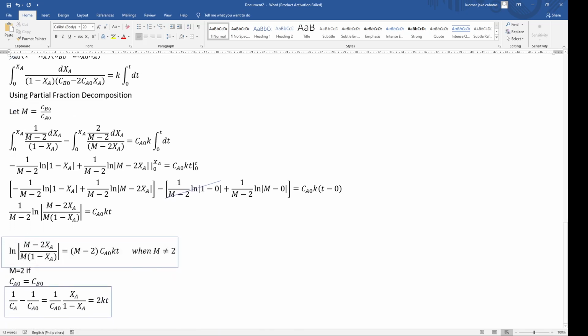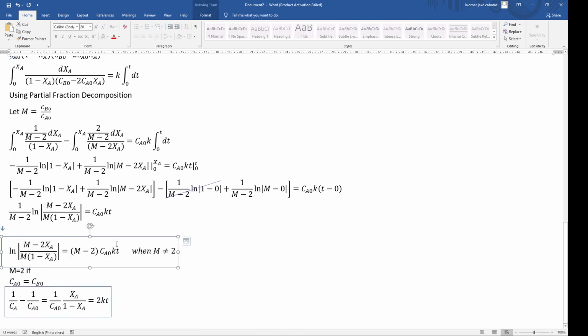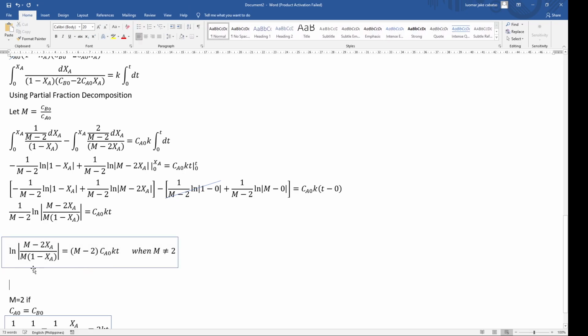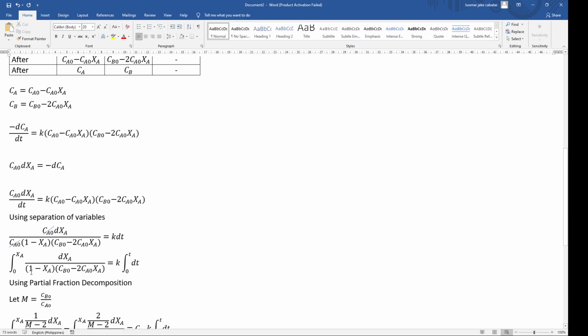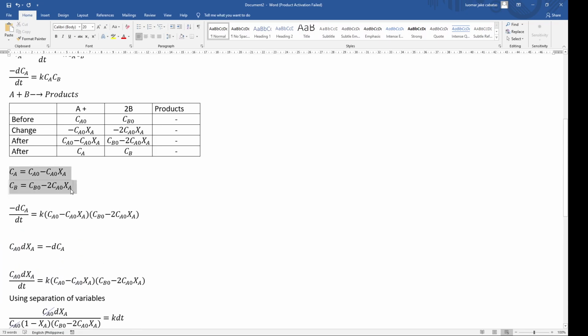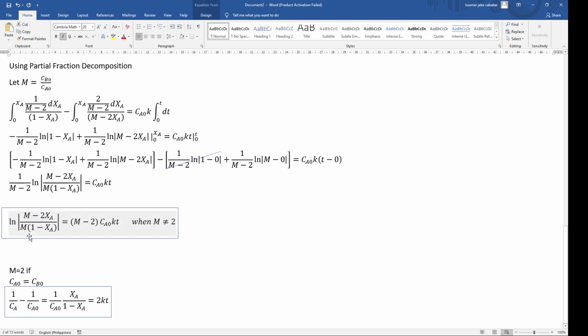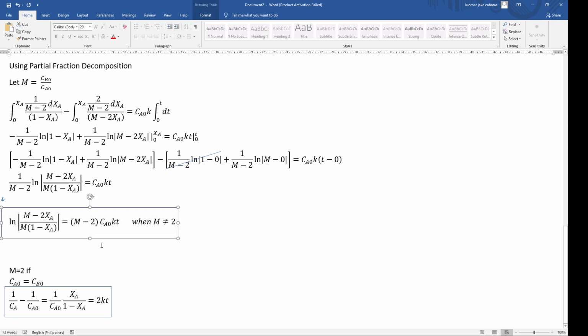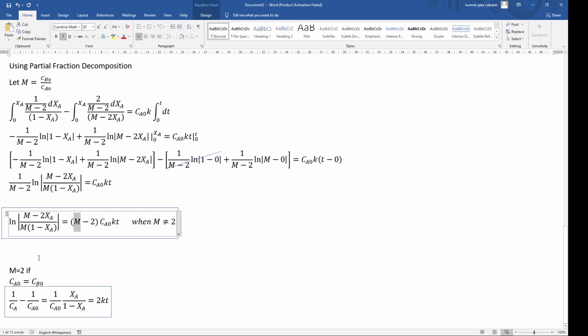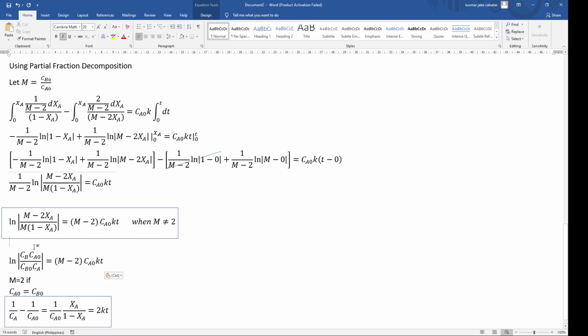Okay. So diri po, when we try to manipulate this equation, meaning substituting this 2 diri sa equation, and also m is equal to CBO over CAO, our equation will become, so we will get this equation.